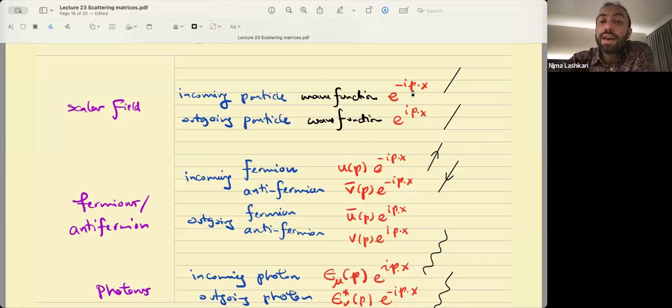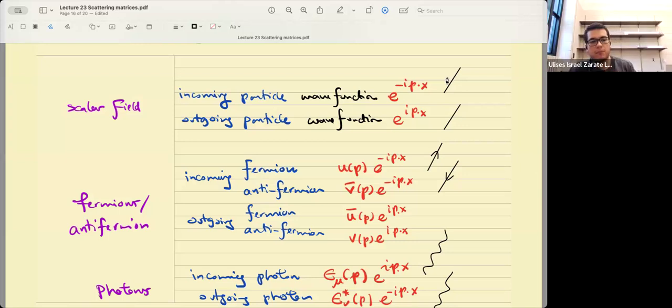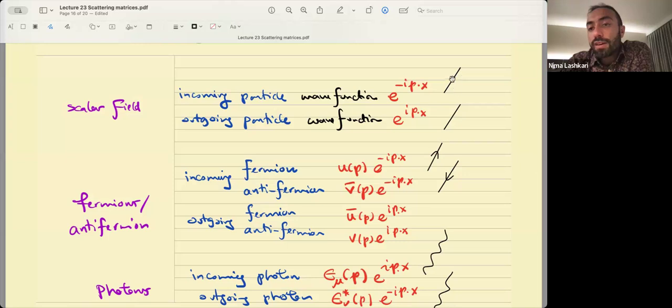If I had a complex scalar field, I would have had to put an arrow here because that's the direction of flow of charge.